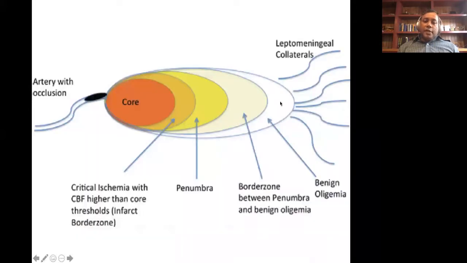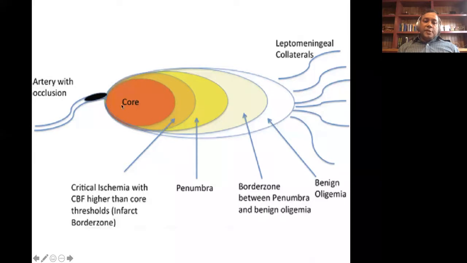But before we go there, I just want you to have a look at this picture here. This actually explains the ischemic stroke pathophysiology and puts into context what we're talking about. So in every ischemic stroke, you have an artery with an occlusion here, which then results in ischemia to the brain.